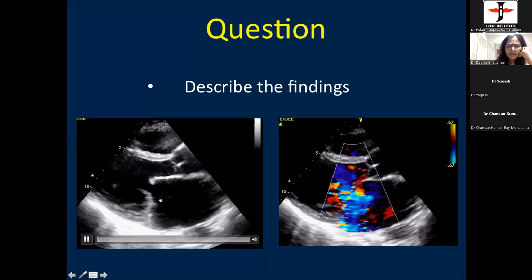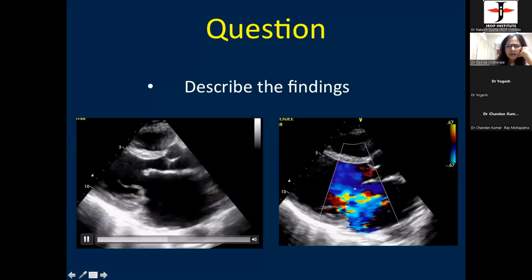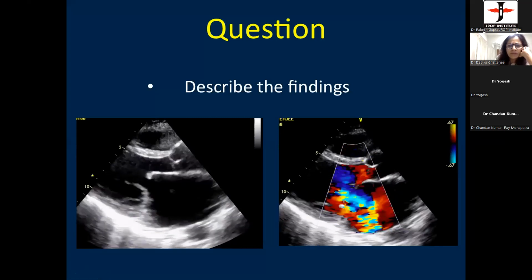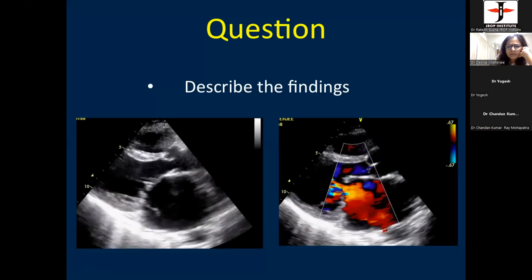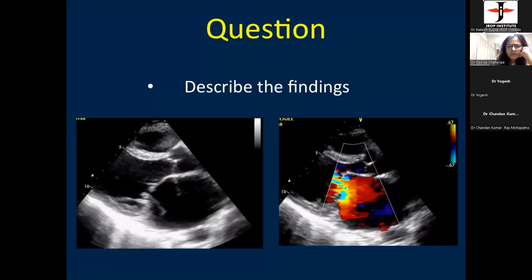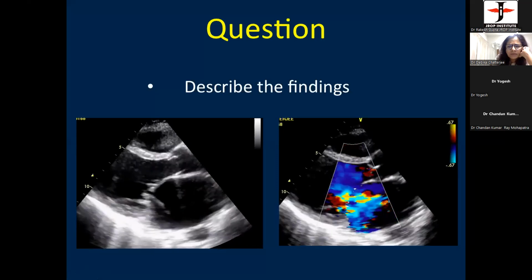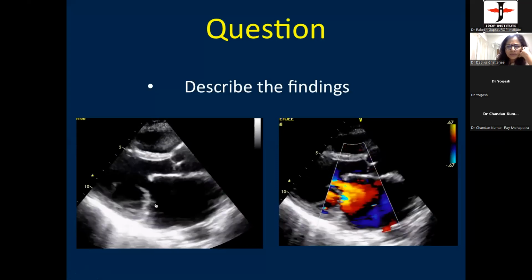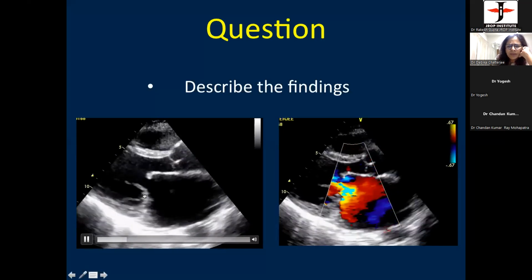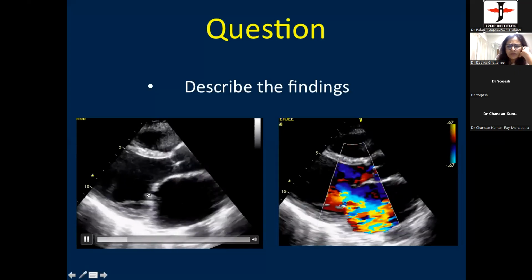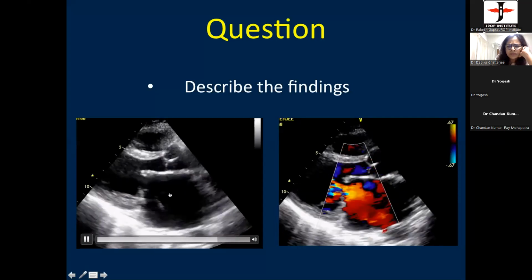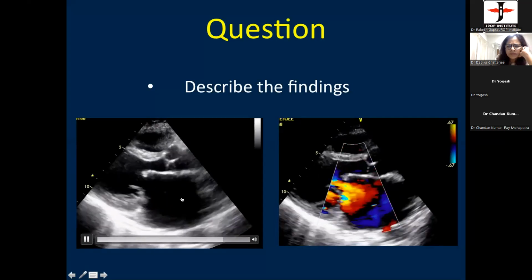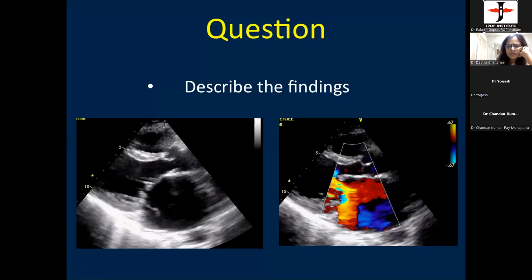One more very important finding. How is the PML? It's fixed, right? PML is fixed. And AML is doming, sir. Sorry, RSD with chordal rupture.